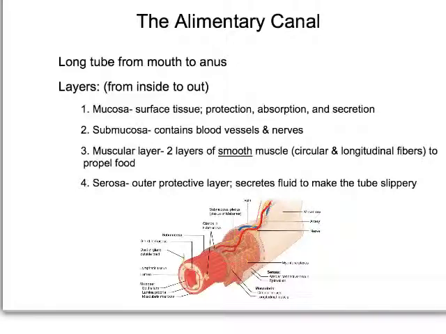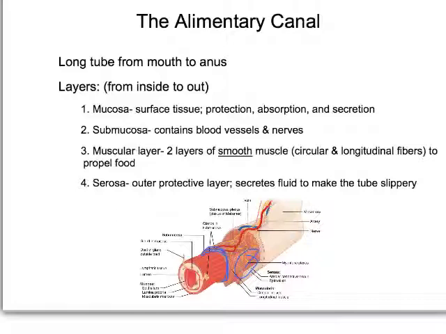And then outside of the mucosa, we have the submucosa, which contains the blood vessels and the nerves. And then we've got a muscle layer made up of smooth muscle, which is going to be both circular and longitudinal fibers.